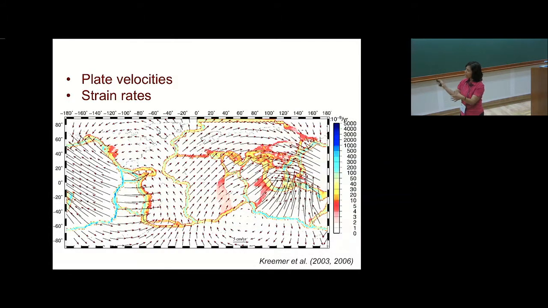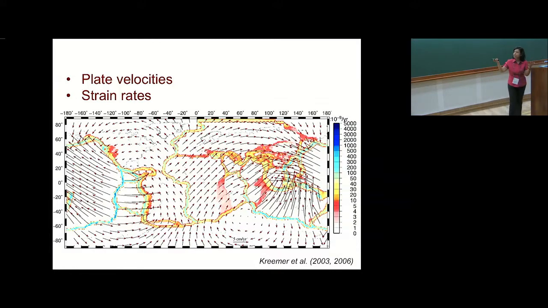So what stands out from this picture is that there are certain areas of the world where nothing much is happening, and certain areas where a lot of activity is happening. These are the colored regions where a lot of deformation is going on. If you remember the earthquake map that I showed you earlier, the dense clusters of earthquakes occur along these regions which have very high strain rates, or which are undergoing very high deformation.